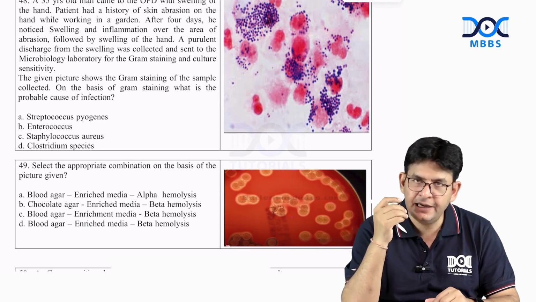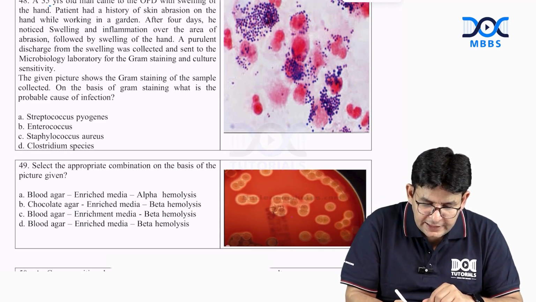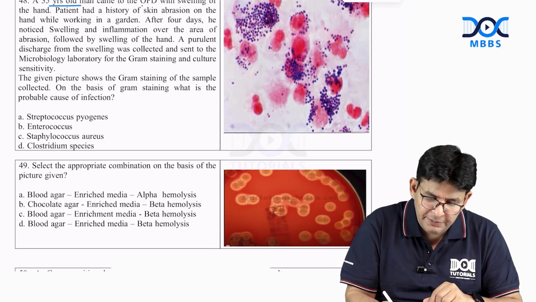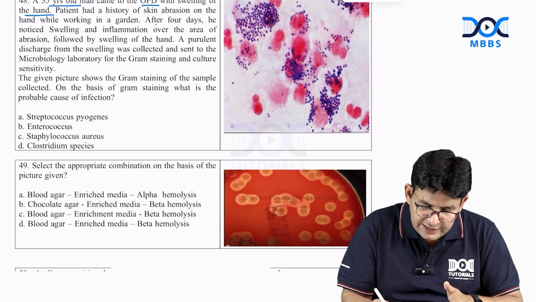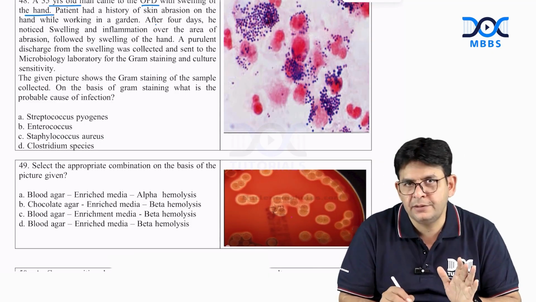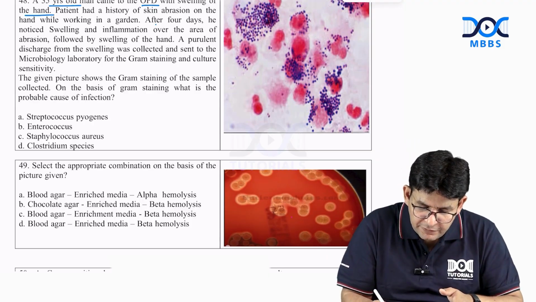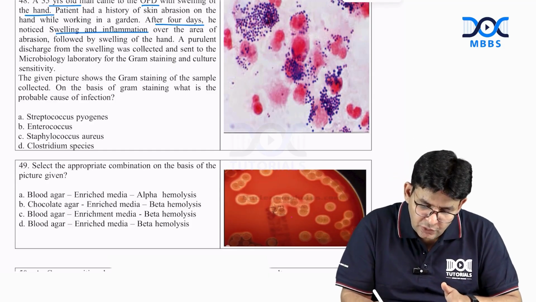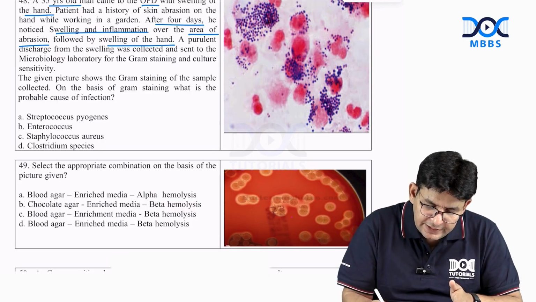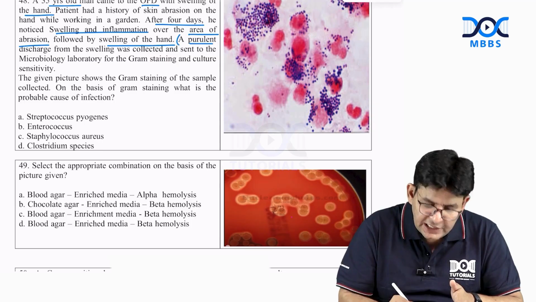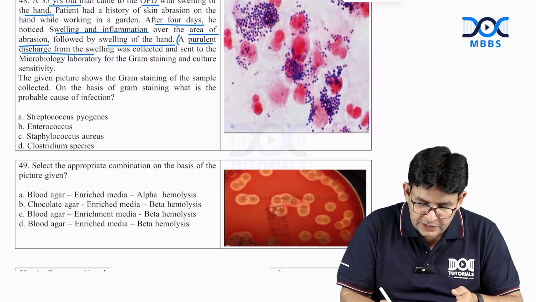So you should have an idea regarding this: a 35-year-old man came to the OPD with swelling of the hand. The patient has a history of skin abrasion on the hand while working in a garden. After 4 days, he noticed swelling and inflammation over the area of the abrasion, followed by purulent discharge from the swelling, which was collected.